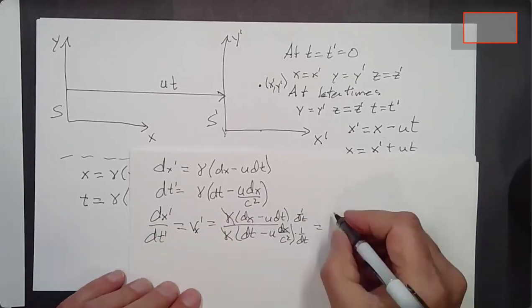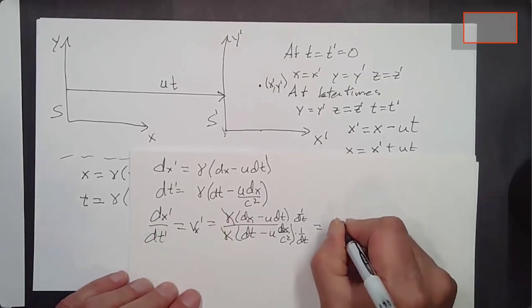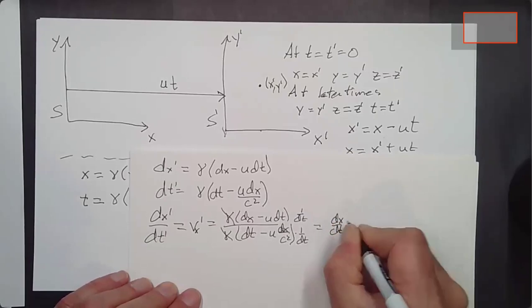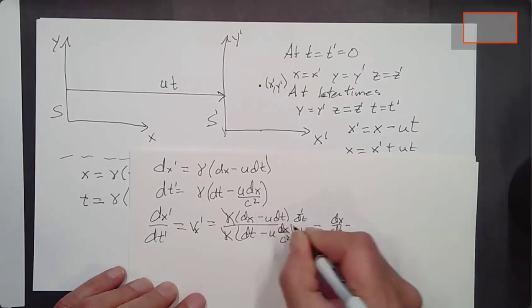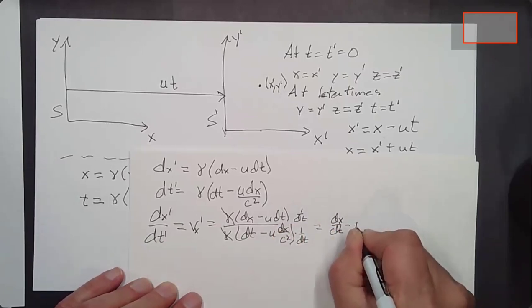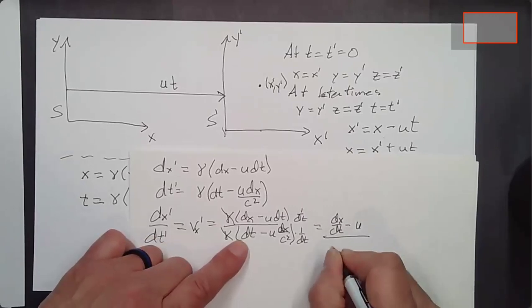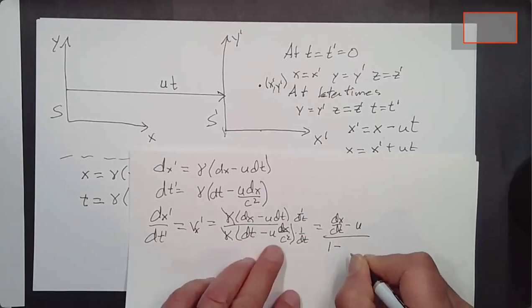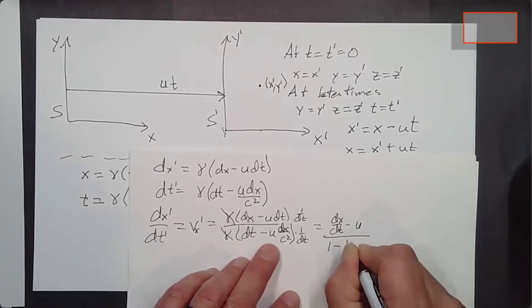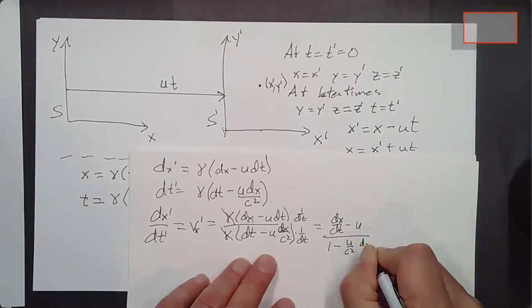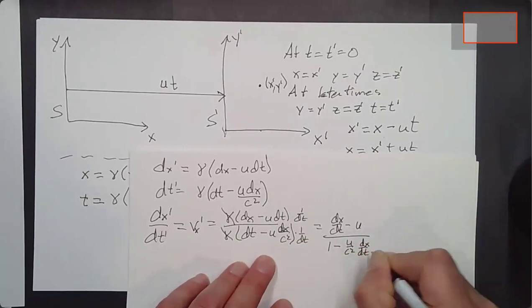I would have dx dt on the top, minus, when I multiply this by 1 over dt, I just get u. And on the bottom, I would have 1 minus u over c squared and dx dt again.